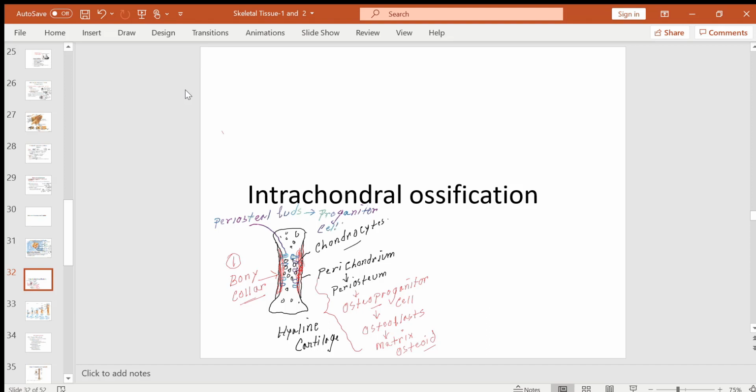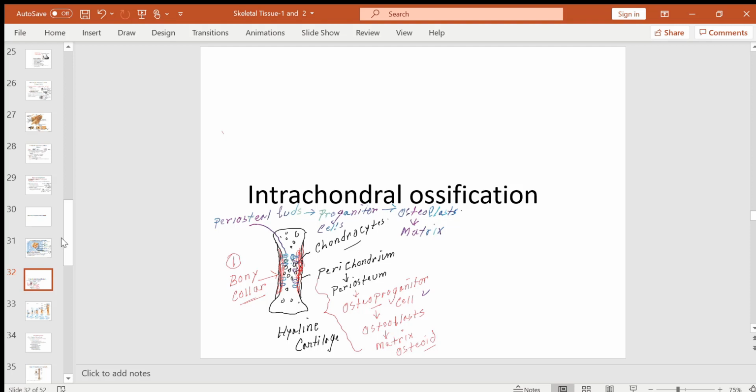Okay, and you already know that progenitor cells do what? Progenitor cells are the embryonic cells, stem cells. They will become osteoblasts, and osteoblasts do what? Produce matrix. Same thing here. Makes sense? So that matrix will fill the inside part of the cartilage.